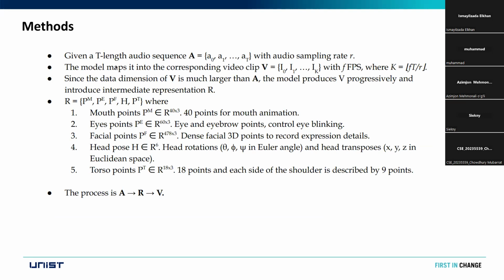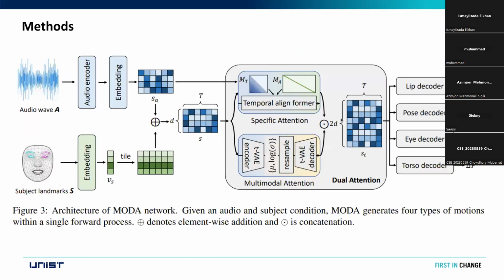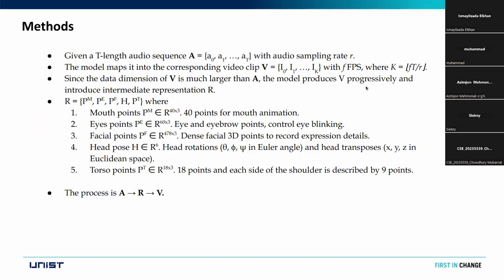Given an audio sequence A with audio sampling rate R, the model maps it into the corresponding video clip V with F FPS, where K is this formula.